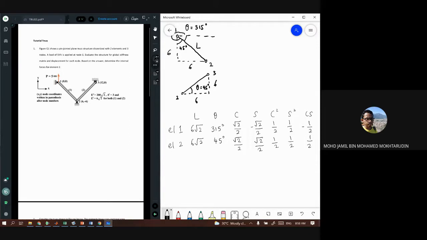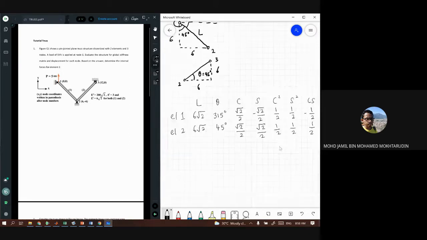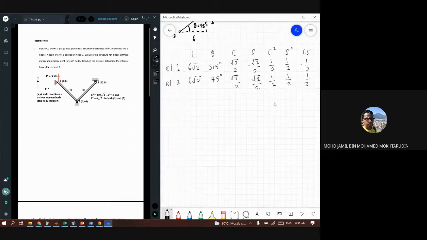Okay. Then you can start assembling the stiffness matrix for each of the elements. Okay. So we start with element number 1. So K for element 1 equals EA over L for element number 1.